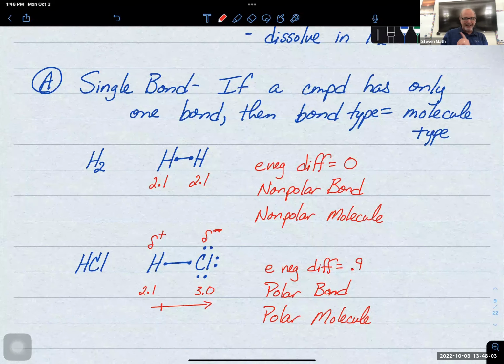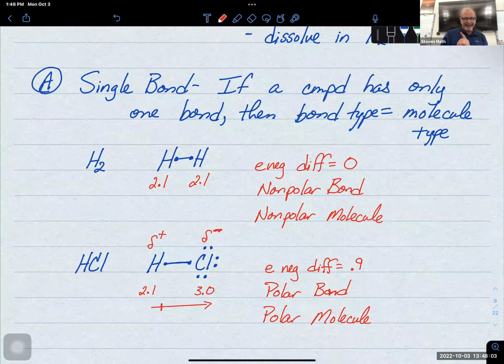So let's look at B. Excuse me. Get my blue back. So B is going to be lone pairs. And I gotta clarify that. Lone pairs on the central. And what I mean is if there are lone pairs on the central atom.